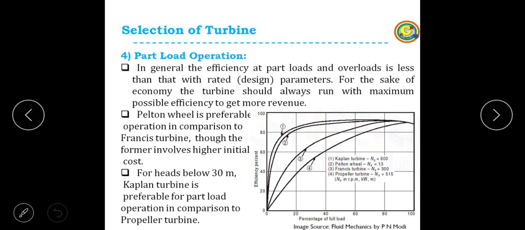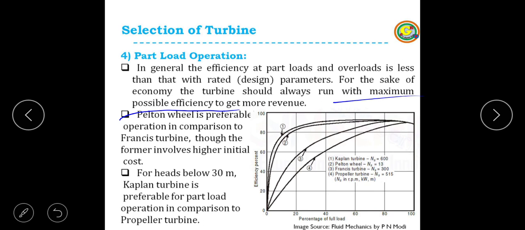Always we should think in terms of revenue. Whatever we are spending for the establishment and development of such plants, the government should also expect some revenue.